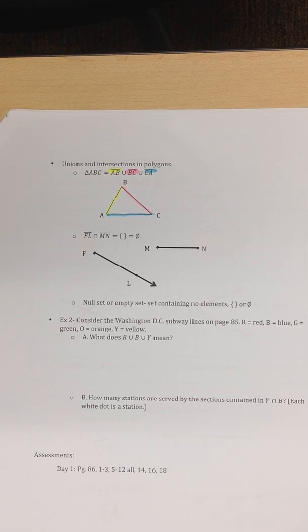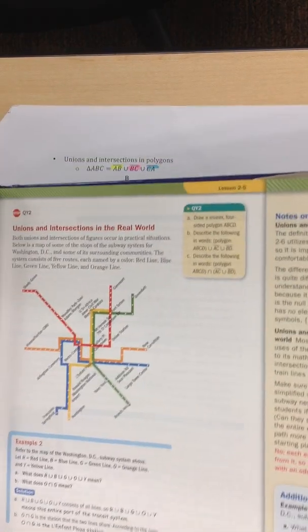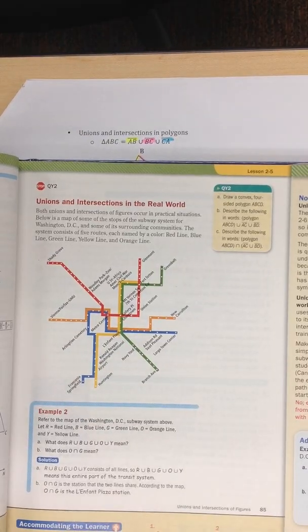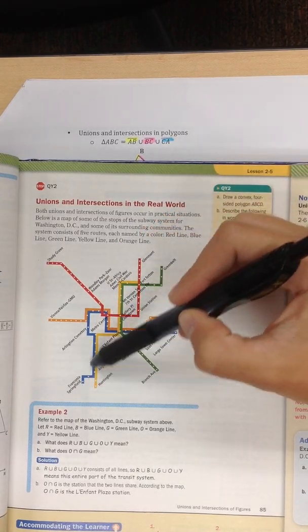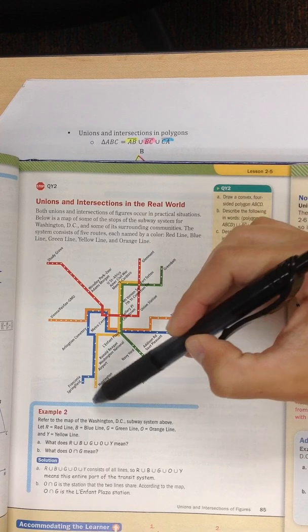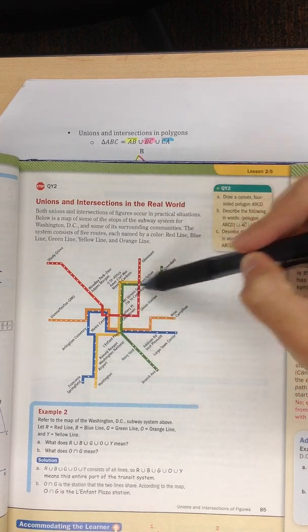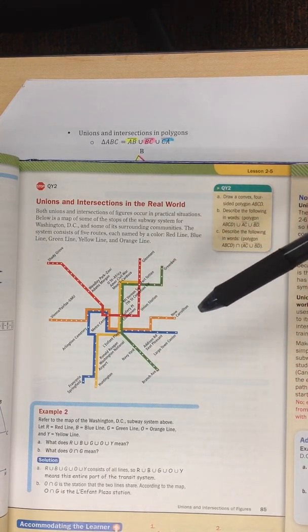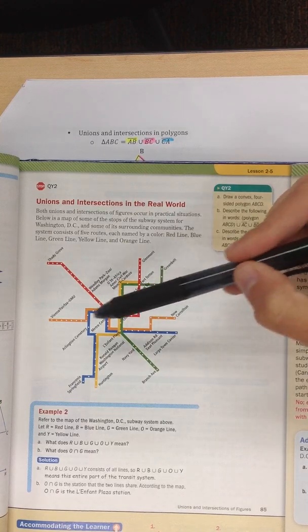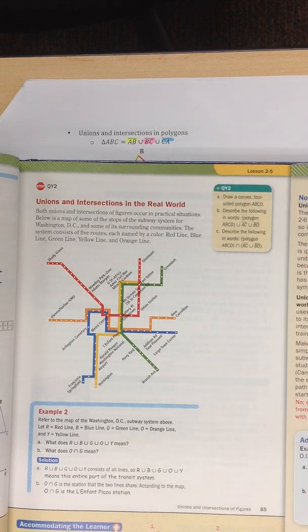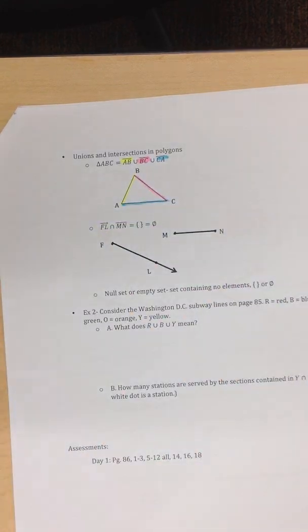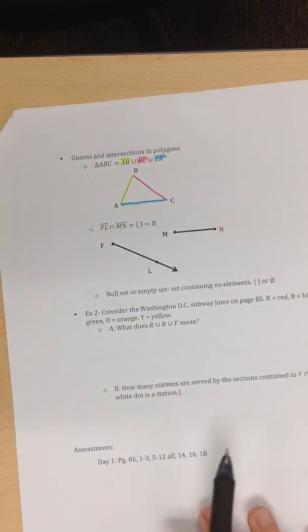If we look at our subway here, they want to know what the union of R, B, and Y is. Well, R is all the red lines, B is all the blue lines, and Y is all the yellow lines, right? So really, the only ones they're leaving out are the orange ones and the green ones. So what does that mean?